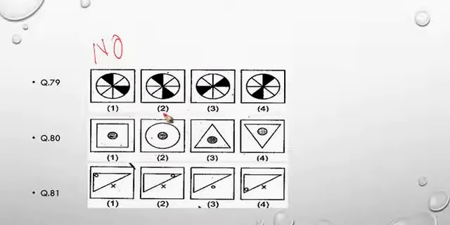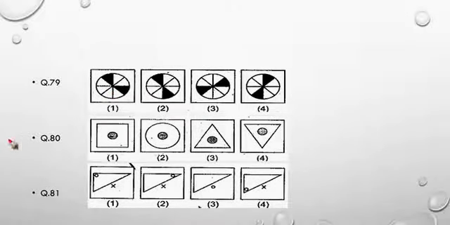In option 2 we notice that the shaded parts of the circle are opposite each other, and in the case of option 3 and 4 as well, these shaded parts of the circle are opposite each other. So option 1 is standing out as the odd man out figure, and answer for question number 79 is 1.